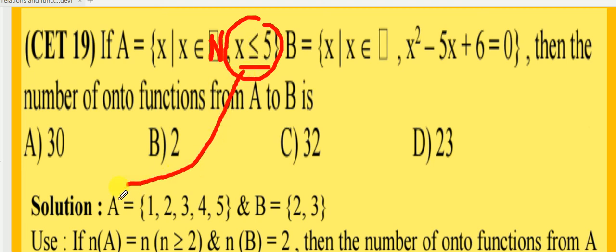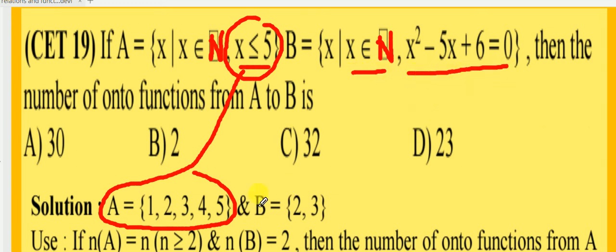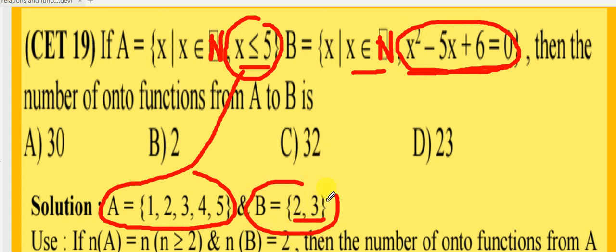So we are taking set A as 1, 2, 3, 4, 5. Set B is the set of all x such that x belongs to N and x squared minus 5x plus 6 equals 0. I have to factorize this. The factors of x squared minus 5x plus 6 = 0 are 2 and 3, so set B is {2, 3}.